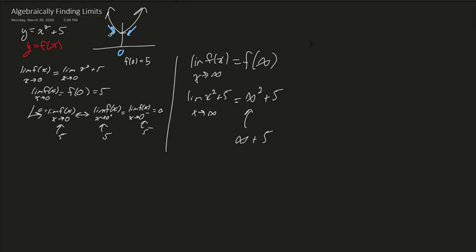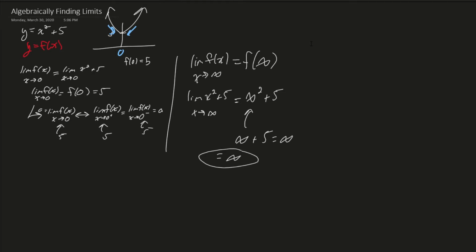But remember, infinity is an extremely large number. 10,000, 1,000,000, 1 sextillion. We add 5 to that, it's pretty insignificant. In fact, it's pretty much null. So infinity plus anything is going to be still infinity. As a result, the limit as x approaches infinity is infinity.